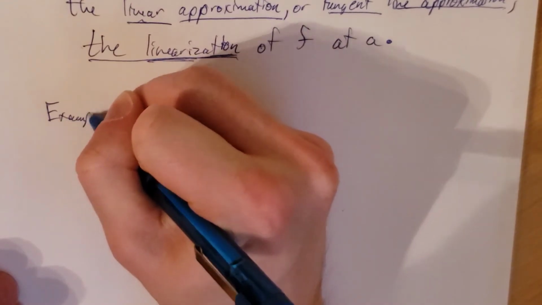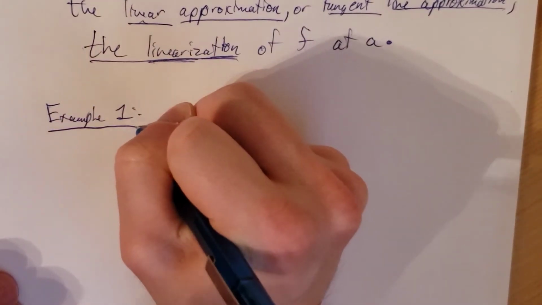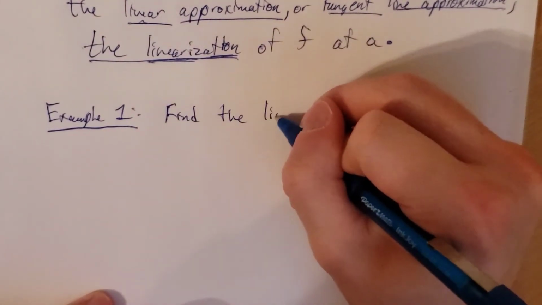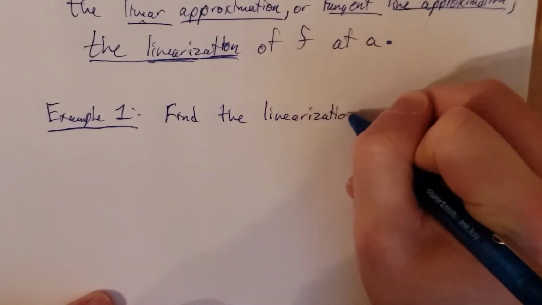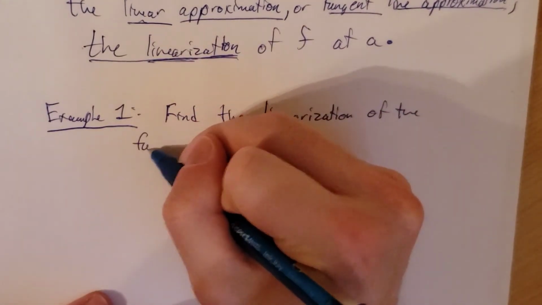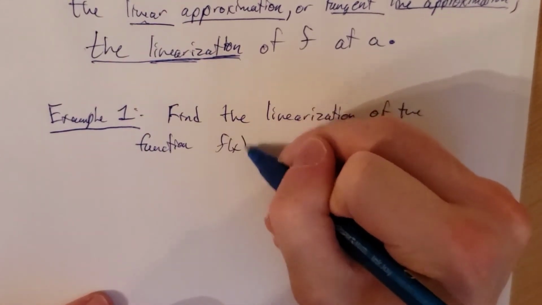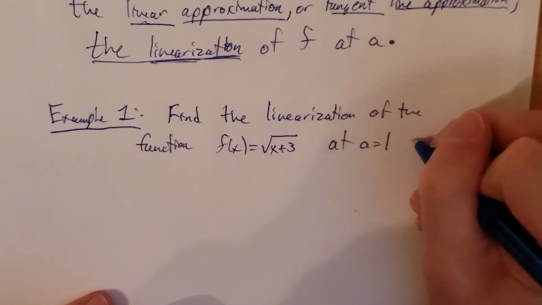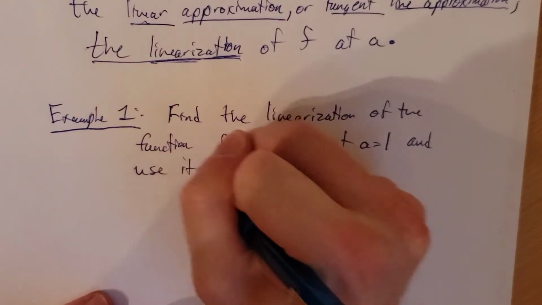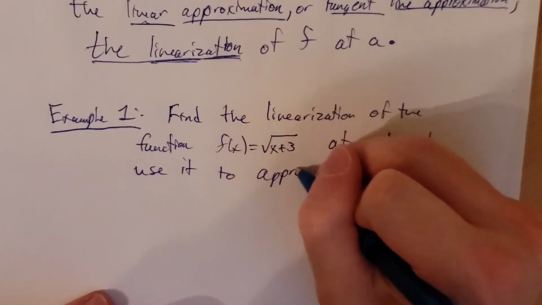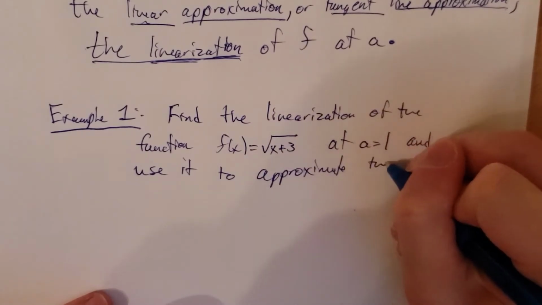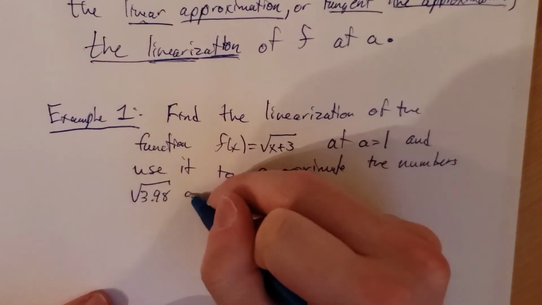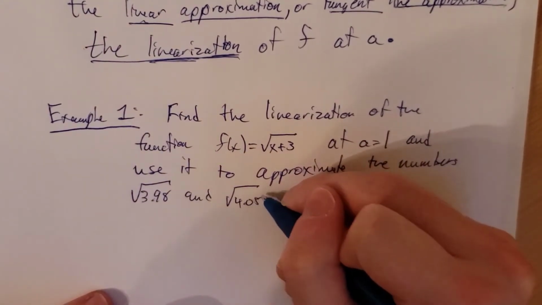So example 1 is just going to be to find the linearization of the function f of x equal to the square root of x plus 3 at a equals 1, and use it to approximate the numbers square root of 3.98, and the square root of 4.05.